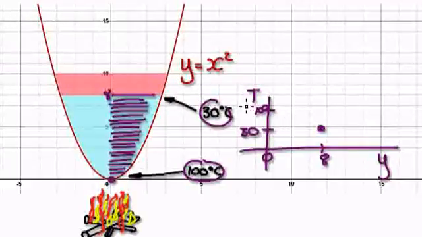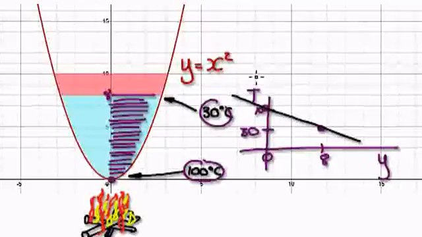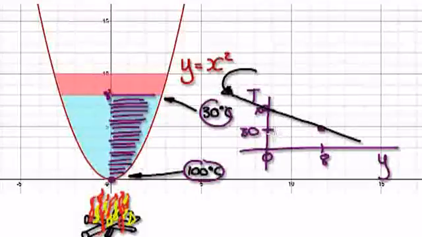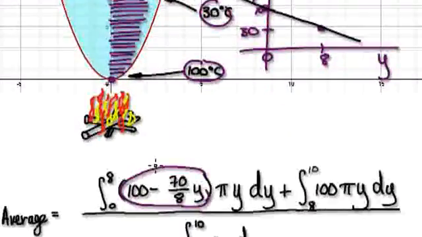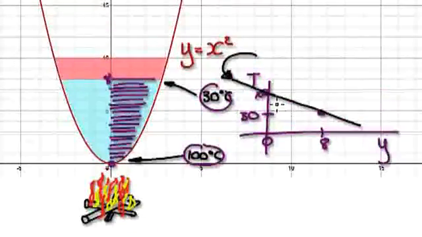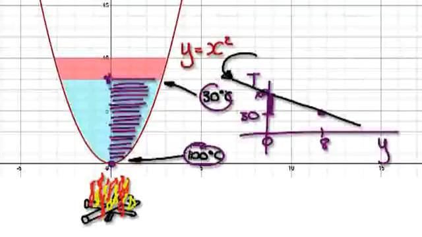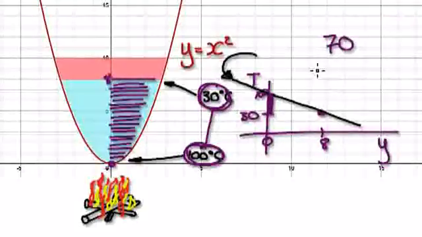So to set up our temperature gradient, we need to come up with an equation for this line. Well, we need to find the gradient. The gradient will be the height, which will be 70, and the width here is 8.